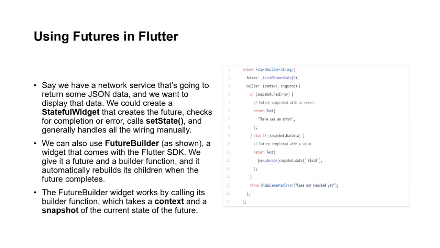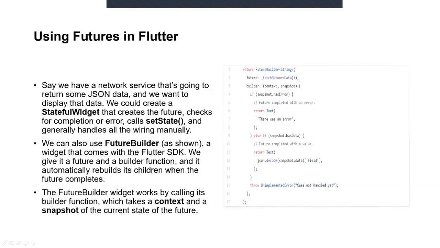So it also has the three states: the incomplete state, when the future returns with a value, and when the future returns with an error. The FutureBuilder widget works by calling its builder function.